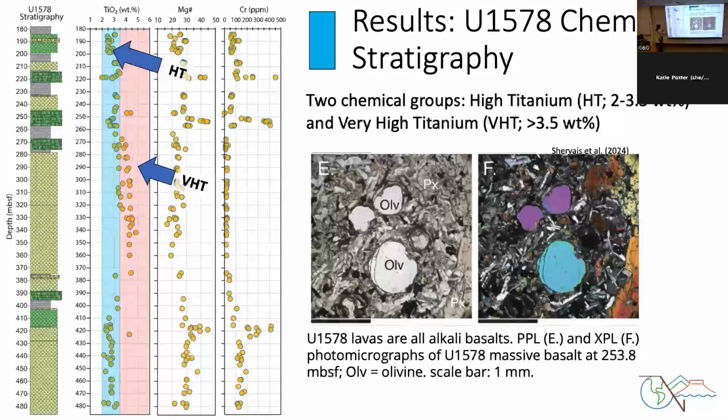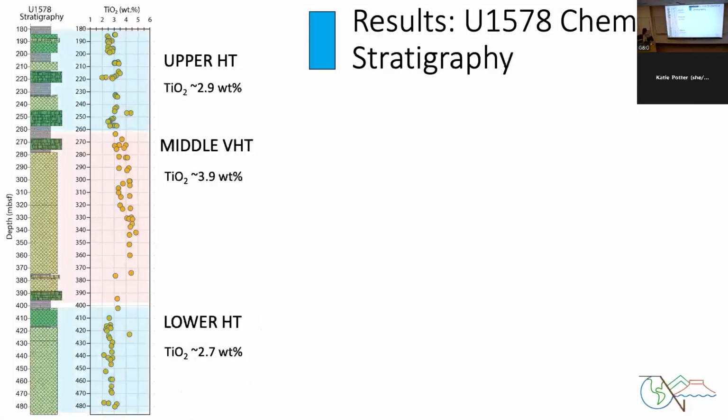And they're very distinct among the Tristan-Guff-Walvis system, as I'll show you in a second. They're also distinct within the stratigraphy of 1578. So we go from our lower high titanium and upper high titanium that sandwich this middle very high titanium basalt.